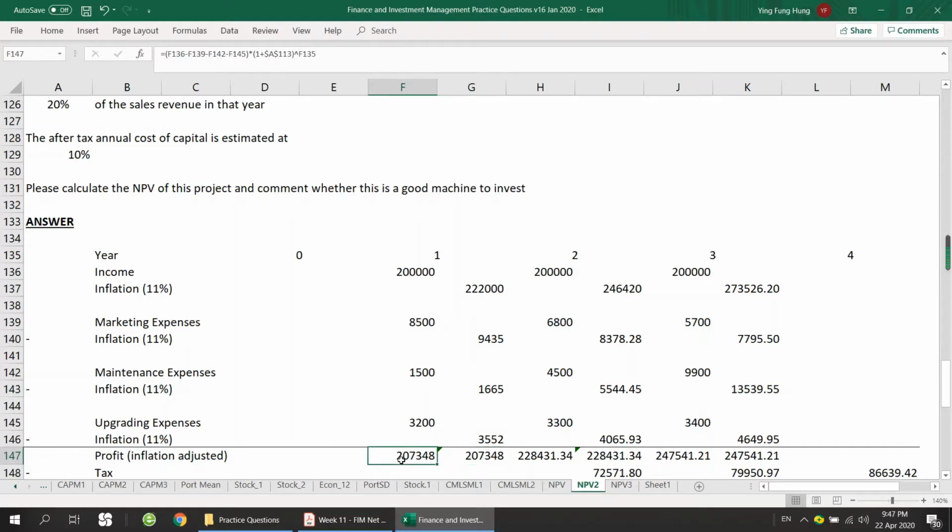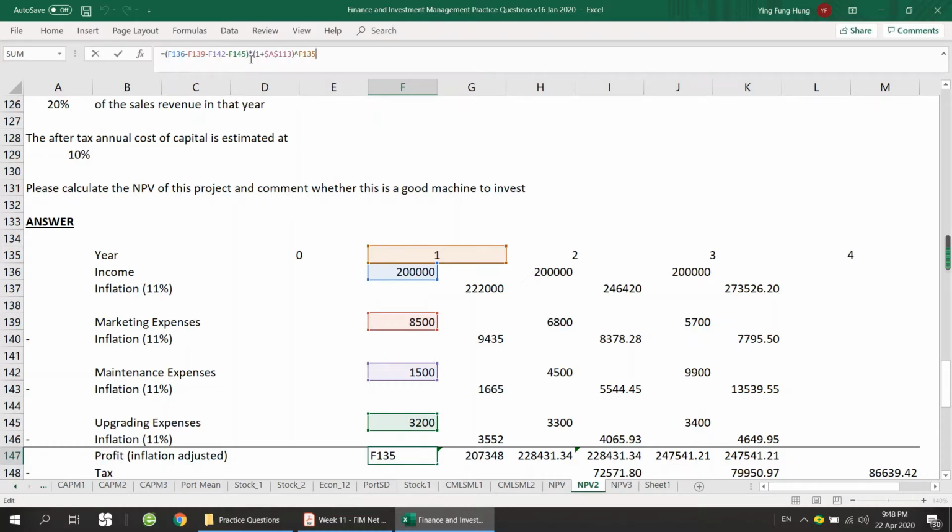Now the first way is that we subtract the income of 200,000 minus all the expenses, which is this marketing expenses of 8,500, maintenance expenses of 1,500, and the upgrading expenses of 3,200. The next thing we have to adjust for the inflation rate, which is this.